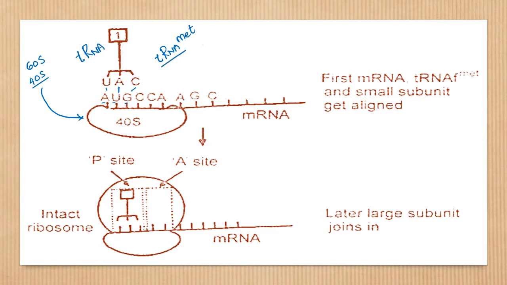This indicates methionine tRNA. And later a large subunit joins this complex, and then it forms an intact ribosome.